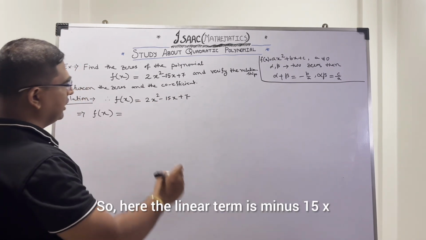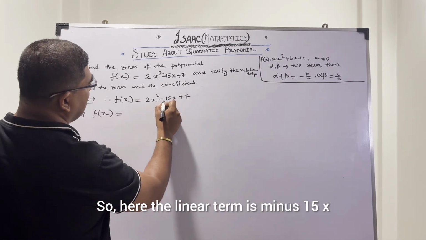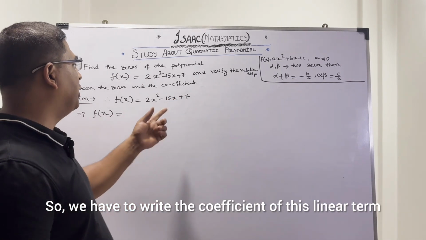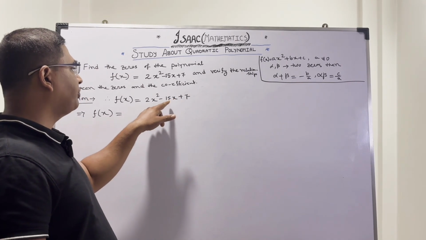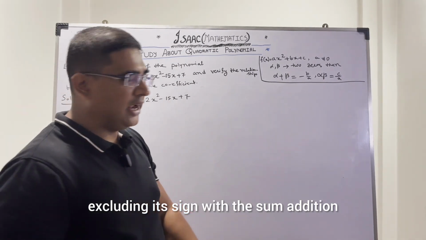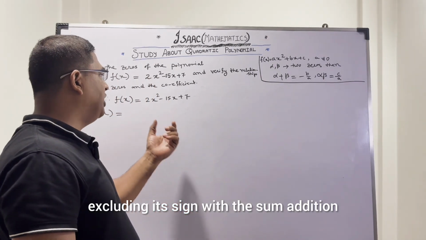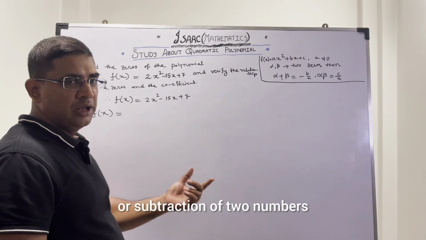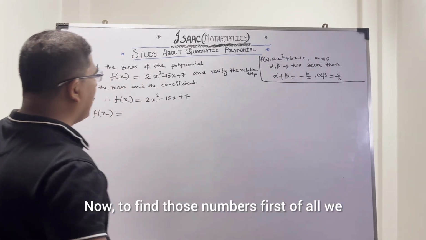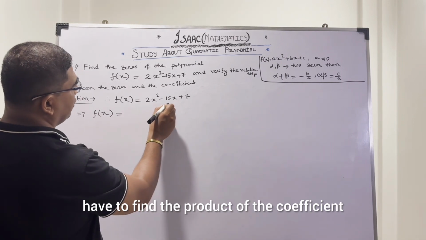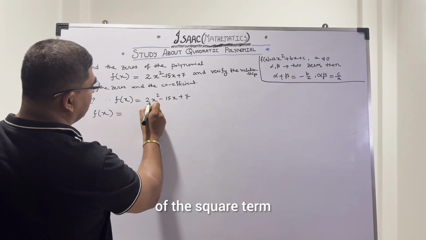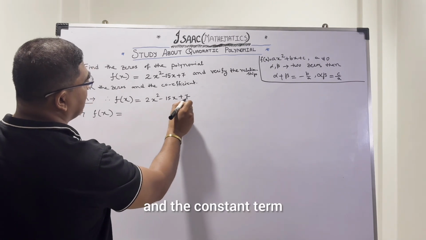Here the linear term is minus 15x. So we have to write the coefficient of this linear term, that is 15, excluding its sign, as the sum or subtraction of two numbers. And how do we get those numbers? To find those numbers, first of all, we have to find the product of the coefficient of the square term and the constant term.